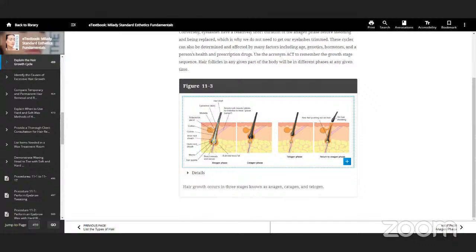I'm gonna repeat it for everybody. The 3 types of hair on the face: cilia. Cilia is the eyelashes. Who can give me another one? The eyebrows?